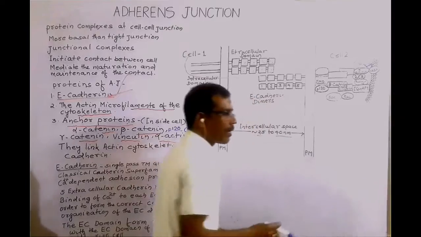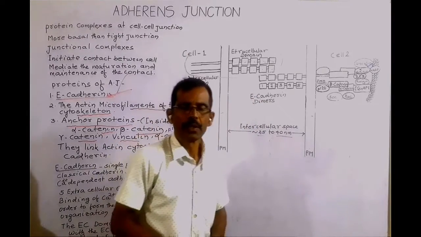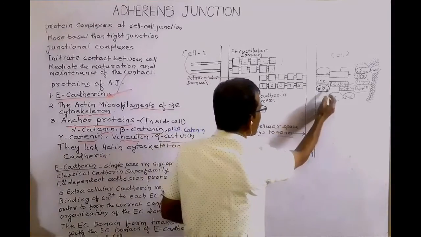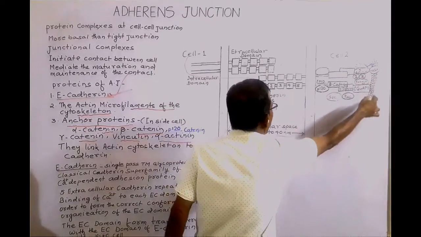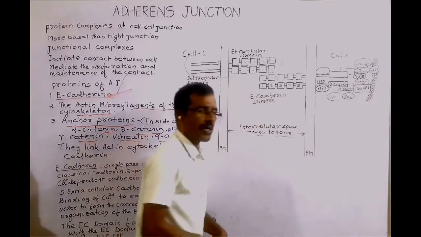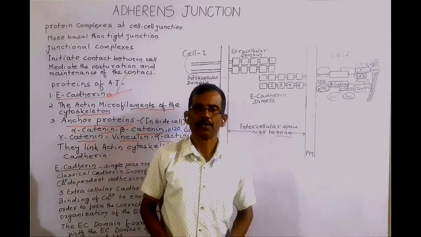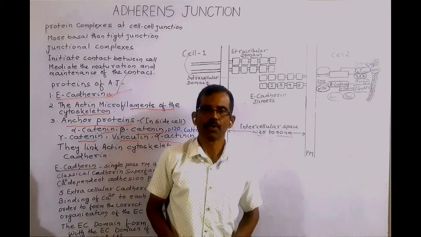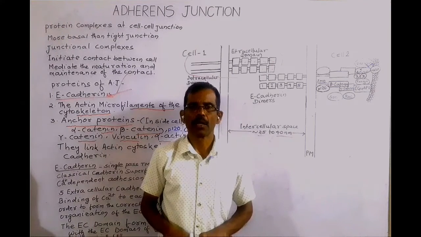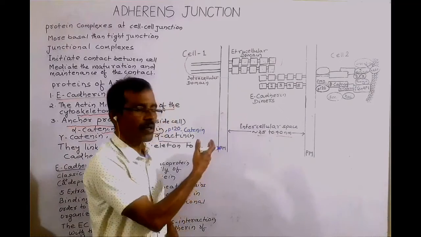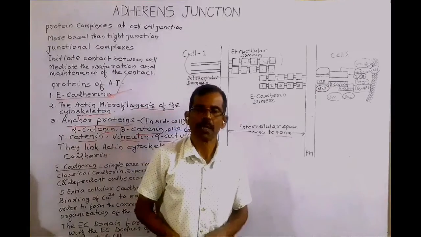Alpha-actinin and vinculin are the two proteins that are responsible for linking the cadherin-catenin complex to the underlying actin cytoskeleton. E-cadherin is a calcium-dependent adhesion protein, and the morphological and functional integrity of adherens junction is calcium-dependent.